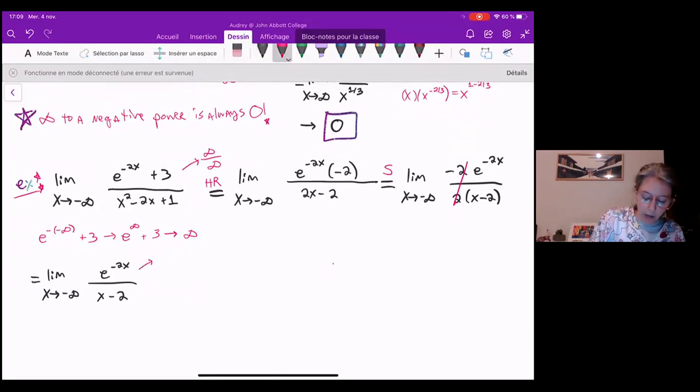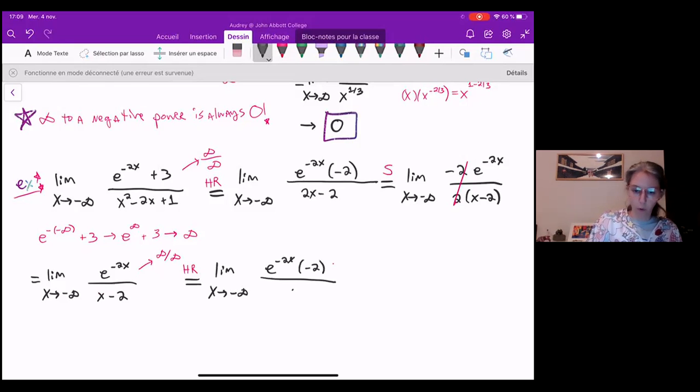And we're still going to get infinity over infinity when we plug in here. So we're going to apply L'Hopital's rule again to get the limit as x goes to negative infinity, e to the negative 2x times negative 2 over 1. And now when I plug in again, did I forget my negative? I did, my bad. I just love forgetting negatives.